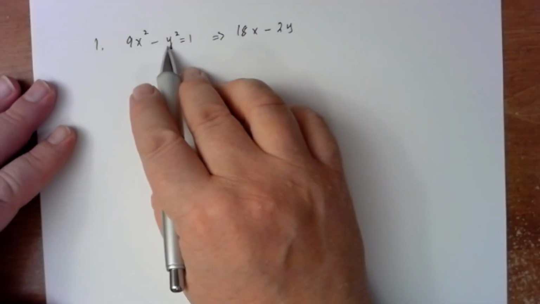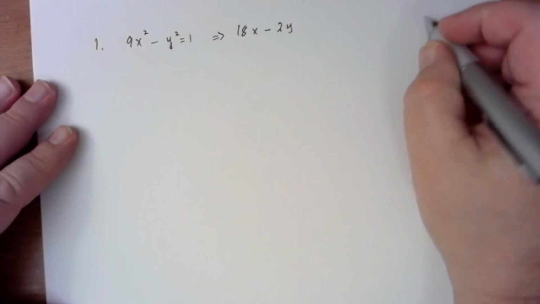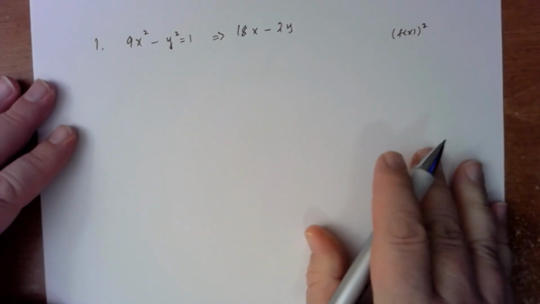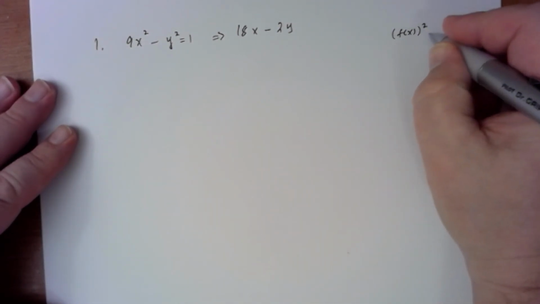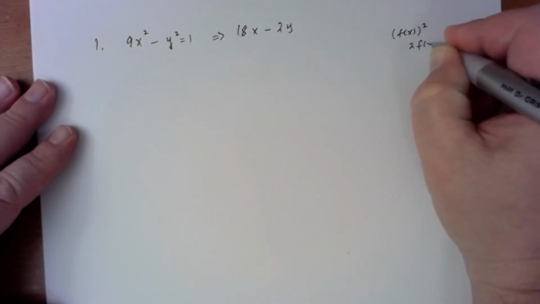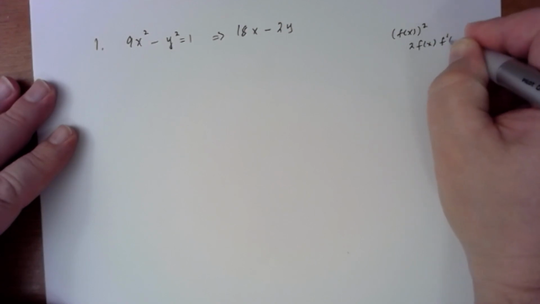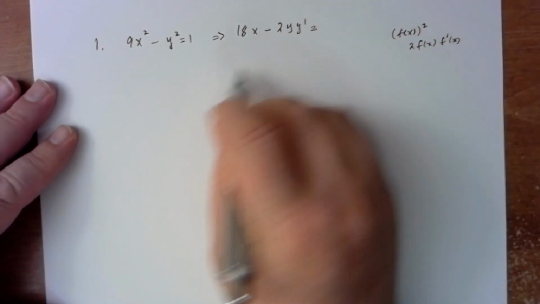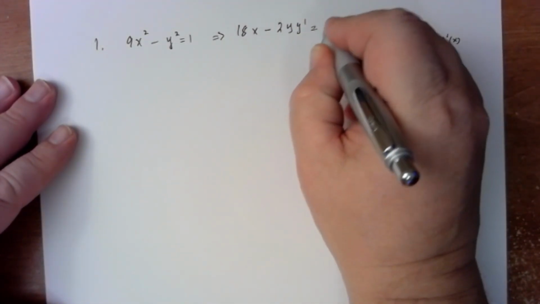So this is like f of x squared, right? So off to the side here, this would be like if I were to differentiate f of x squared, right? So the derivative of that would be 2 times f of x prime, and so the same thing happens here. Good, and then the derivative of 1 is 0.